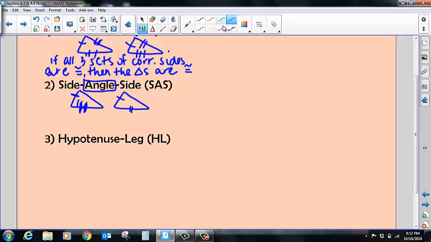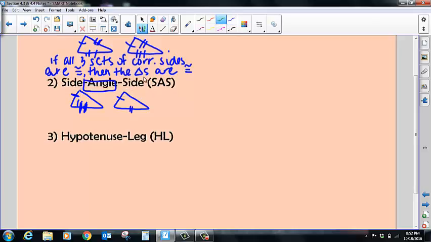So if we highlight the two sides that are marked congruent, we have this piece and we have this piece here. The angle that connects them is this guy here. So this has to be the angle that's marked congruent in order for us to be able to use side angle side.